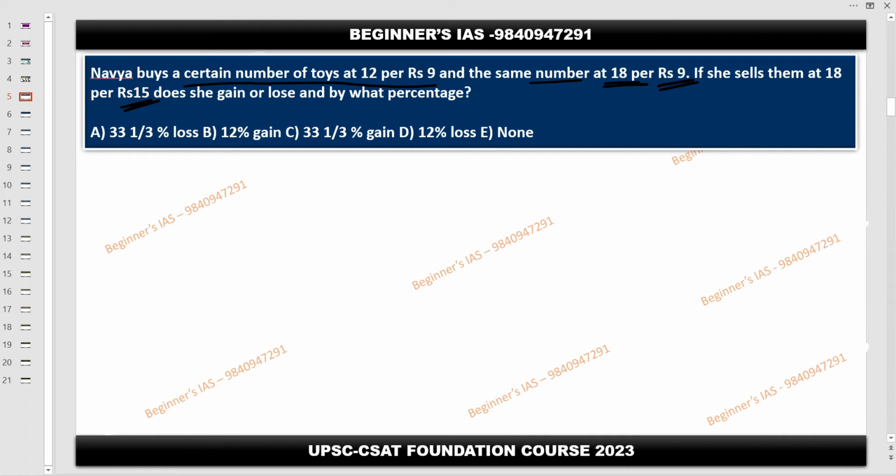So now the question is, does she gain or lose? If so, what is the percentage of gain or loss? So that is the question here.